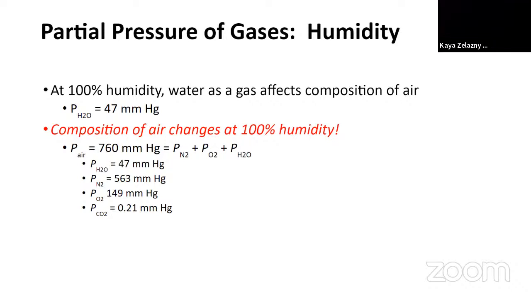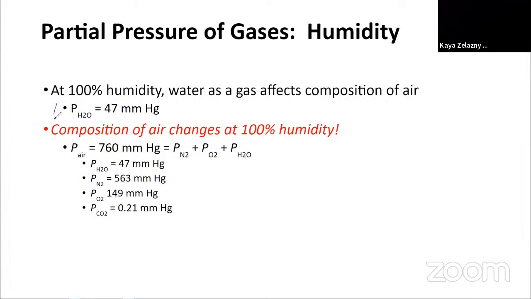So as we humidify that air, we're also going to need to take into account the water vapor that is now composing part of that pressure inside your lungs. So the partial pressure of water at 100% humidity is 47 millimeters of mercury. So this is now going to be changing the composition of the air moving into our lungs as we're warming it up.